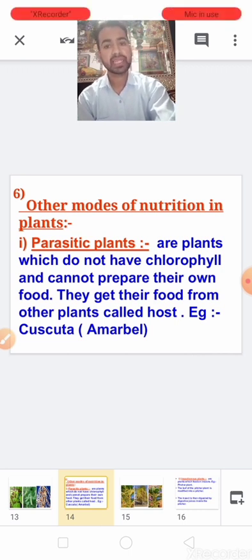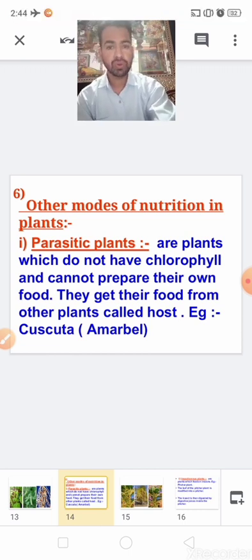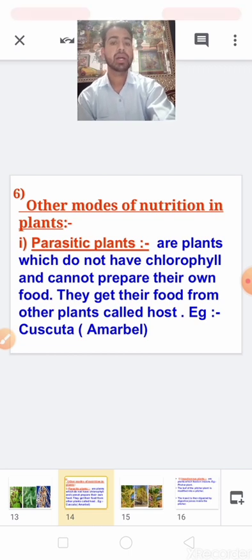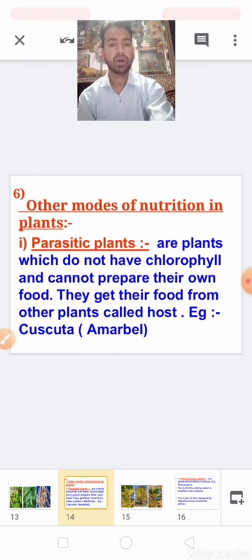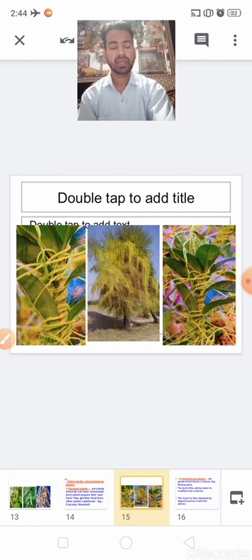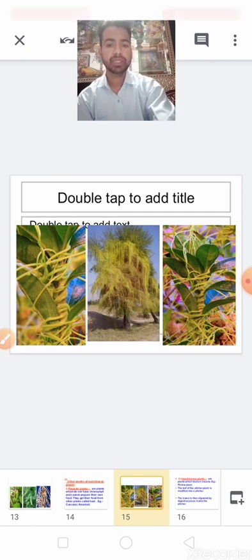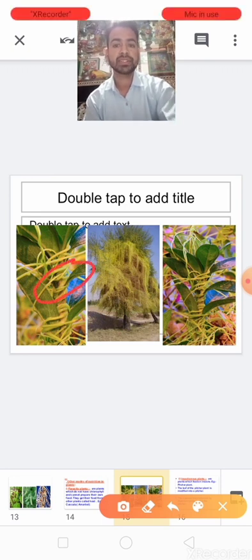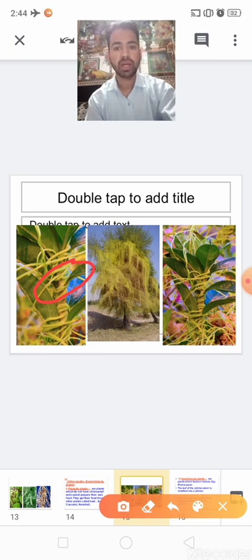So this type of plant, they directly or indirectly depend on other plant. The example of parasitic plant, that is cuscuta or amarbale. In the picture you can see the cuscuta or amarbale. See here, this bale type structure are found there.